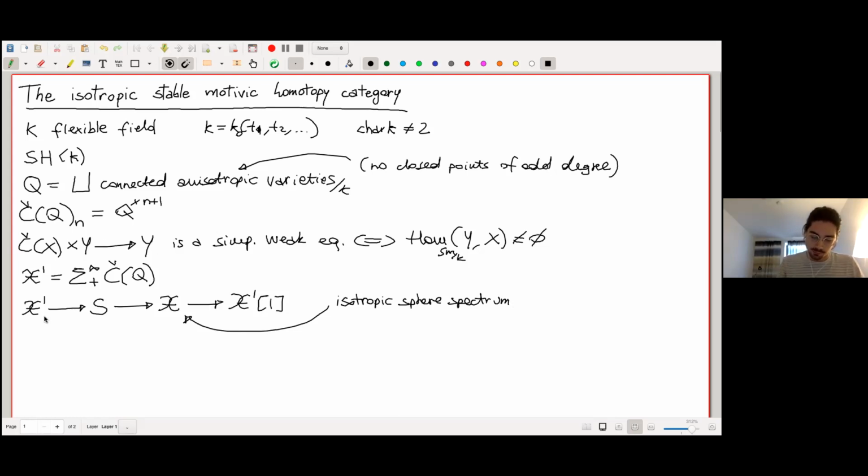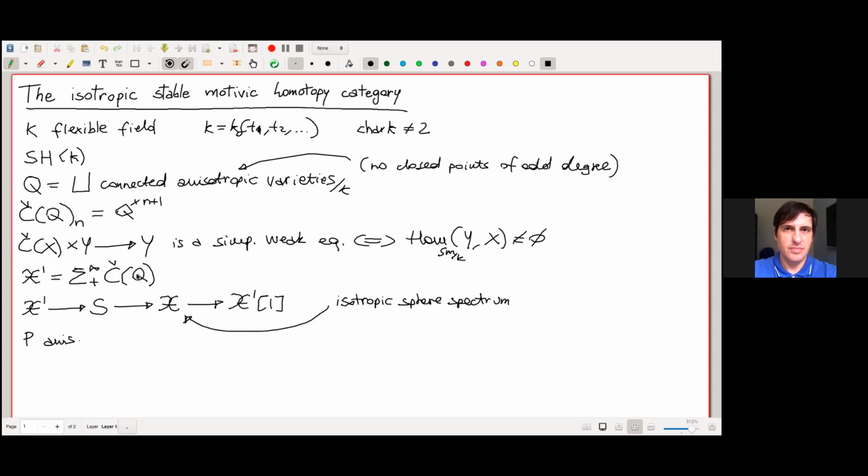Sorry, Fabio, what is Sigma plus infinity, this subscript plus? Yes, it's just a notation for the suspension spectrum of this scheme. I'm adding a point and then taking the infinite suspension. You fix the sphere, say P1 or T, and then take the suspension.